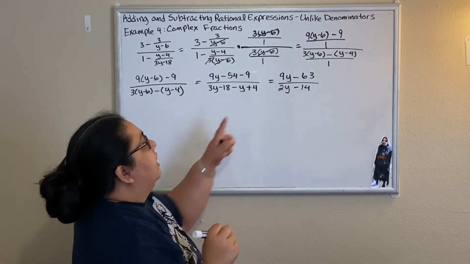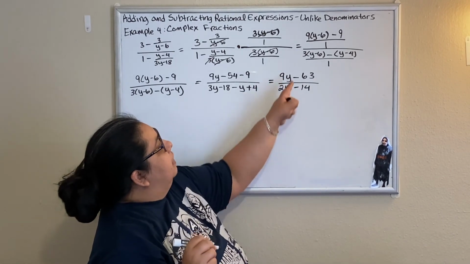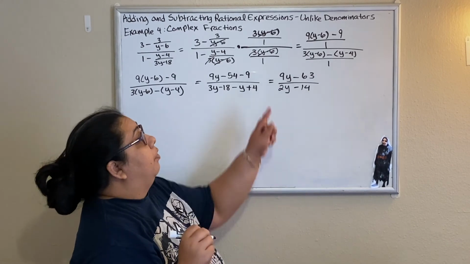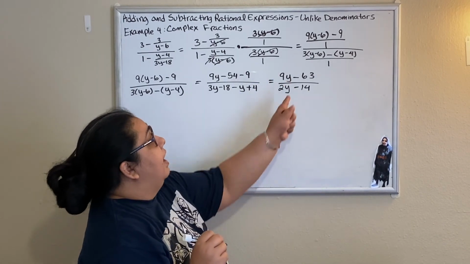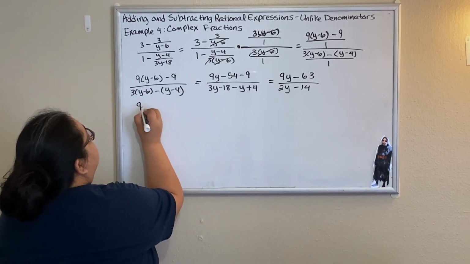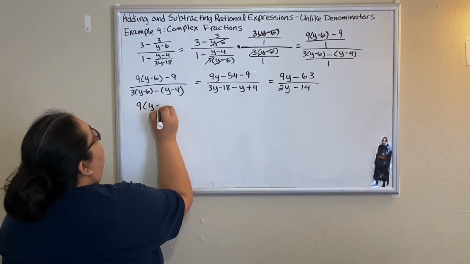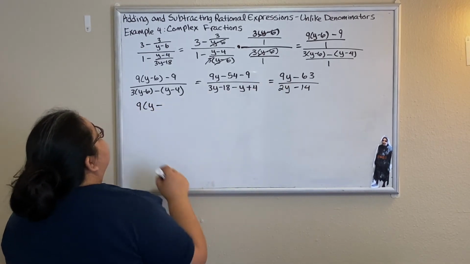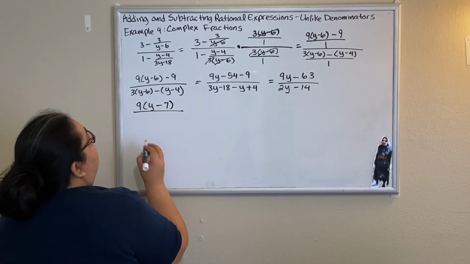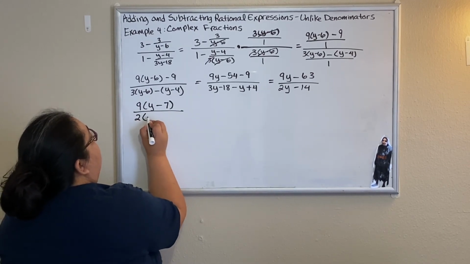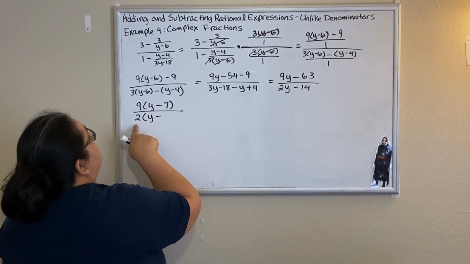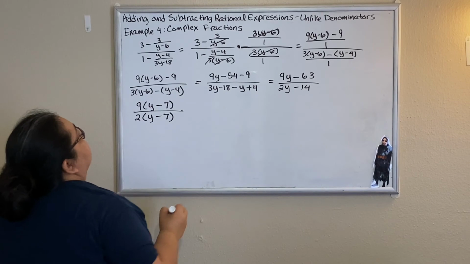And then we check, can we reduce? And it looks like both the numerator and denominator are factorable. In the numerator I can factor a 9, and in the denominator I can factor a 2. So in the numerator, we're going to factor a 9, and that's going to leave me with y minus 63 divided by 9 is going to be 7, close parentheses, over 2 times, that's going to leave me with y minus negative 14 divided by 2 is going to be a negative 7.